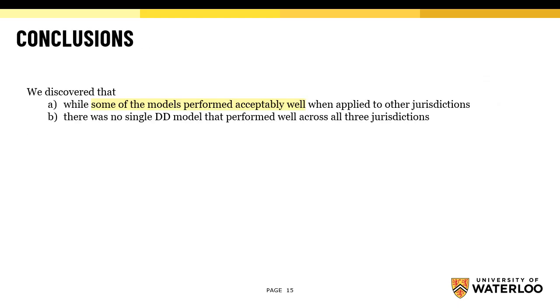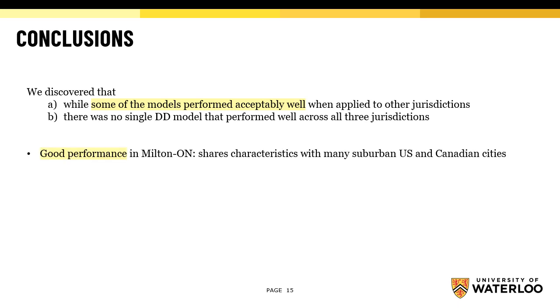These are the conclusions. We discovered that while some of the models performed acceptably well when applied to other jurisdictions, there was no single direct demand model that performed well across all three jurisdictions. We observed a good performance in Milton, and this is a very interesting finding because Milton shares characteristics with many suburban US and Canadian jurisdictions.